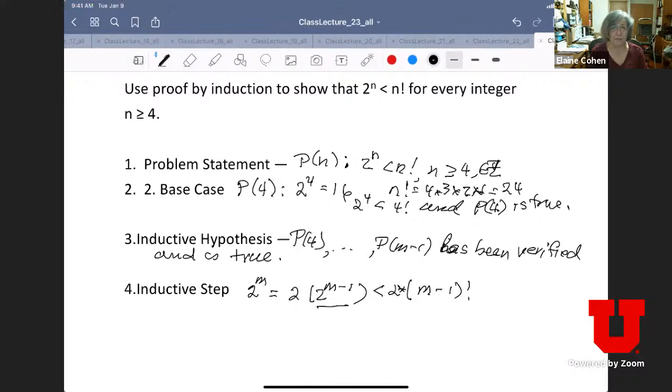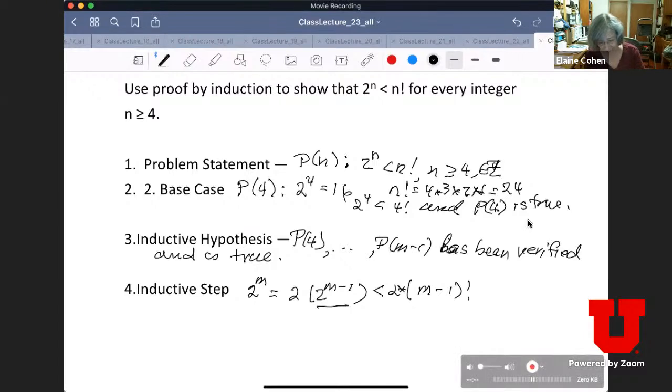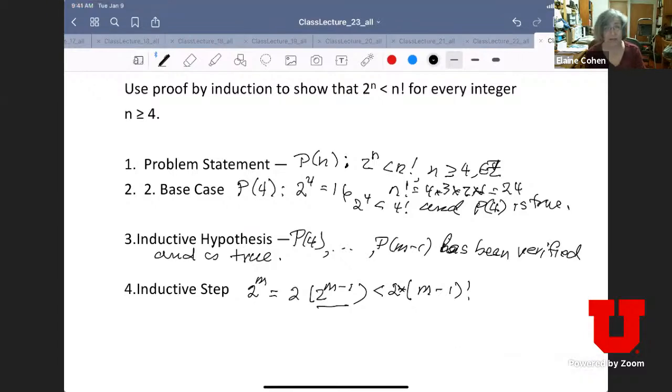You with me? They're both positive numbers, so I replaced one of the factors by a bigger number. So we have that. What else do we know? We know that 2 is less than m.